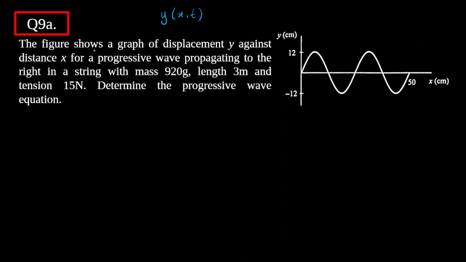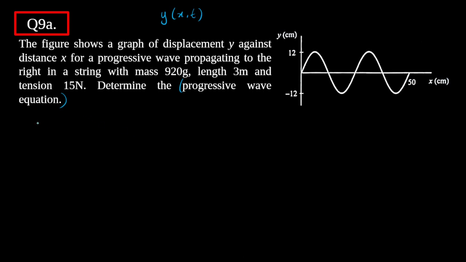All right, let us look at the question. The figure shows a graph of displacement y against distance x for a progressive wave propagating to the right in a string with mass 920 grams, length of 3 meters, and tension of 50 Newton. Determine the progressive wave equation. When you're asked about the wave equation, it's generally useful to simply write down the general equation first.